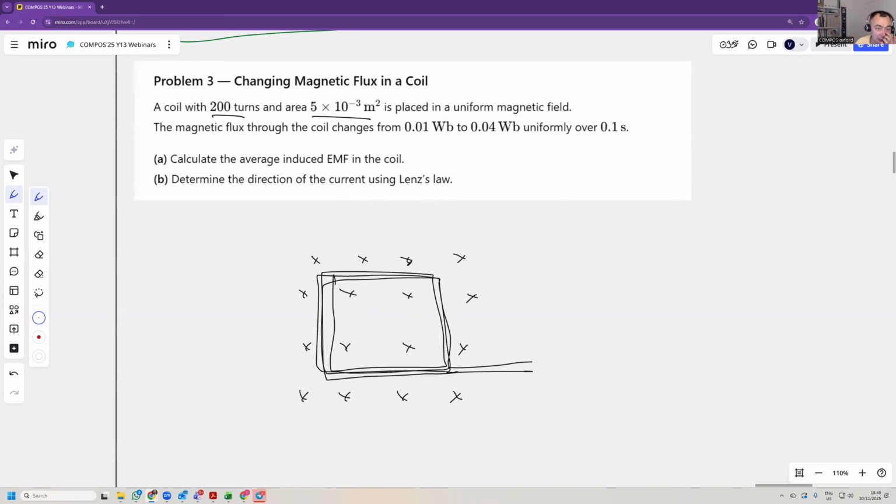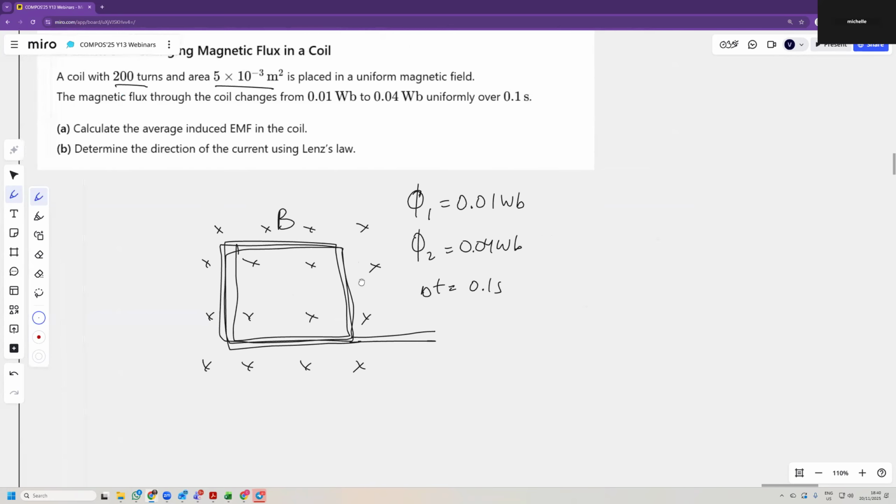The magnetic flux through the coil changes, so it's a variable magnetic field. Flux 1 is 0.01 Webers and flux 2 is 0.04 Webers uniformly, and the time is 0.1 seconds. Calculate the average induced EMF of the coil.